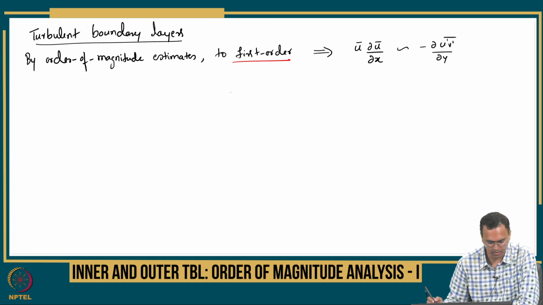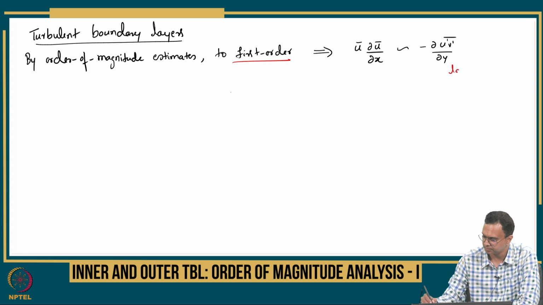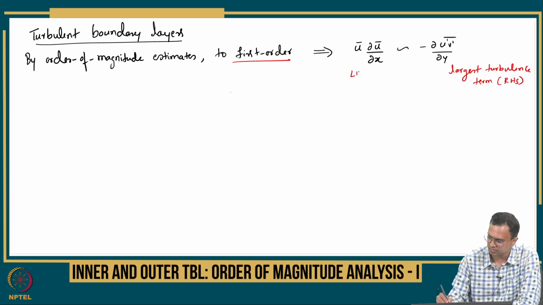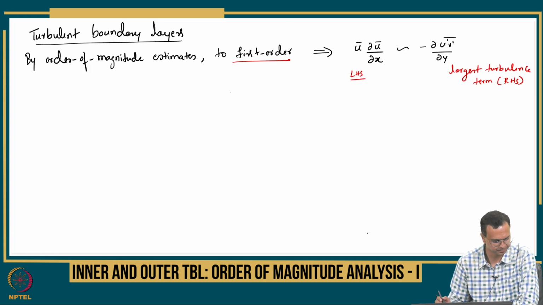The largest turbulence term on the RHS balances the largest LHS term.